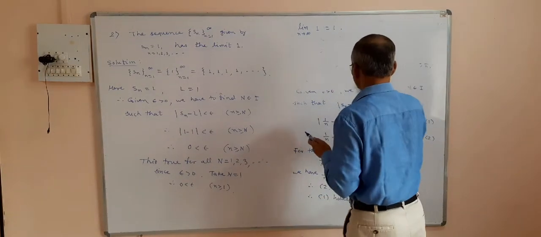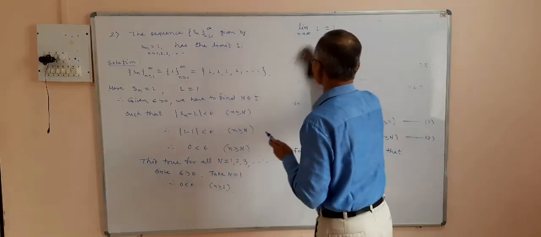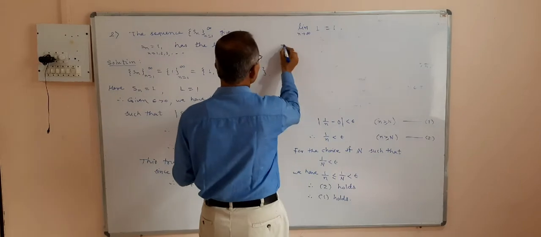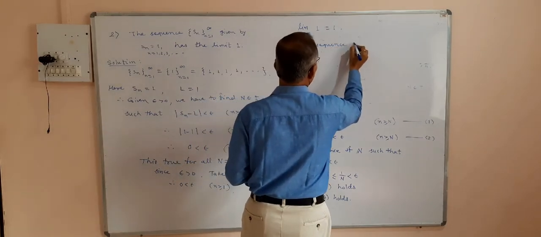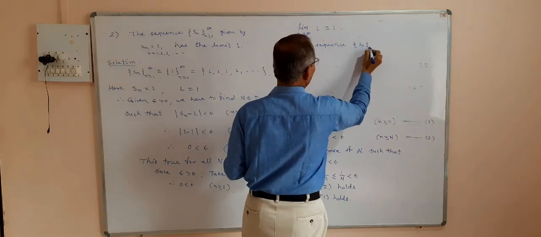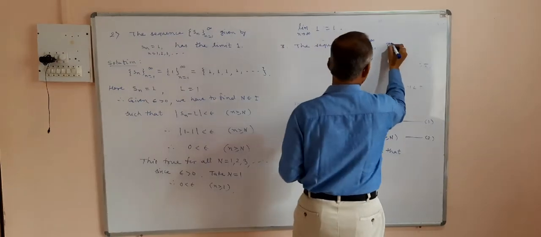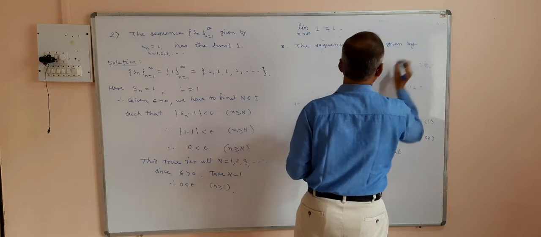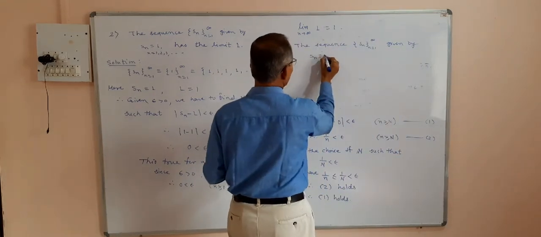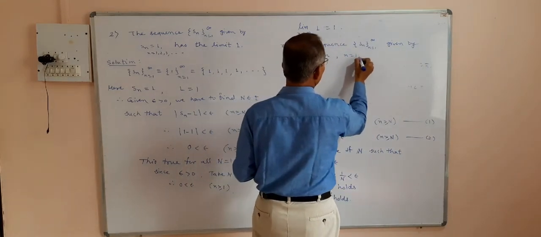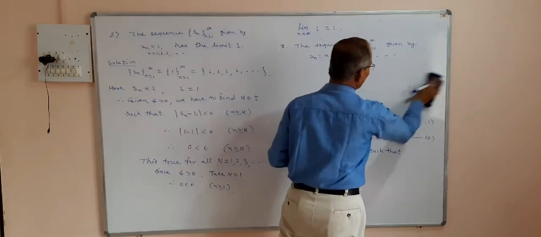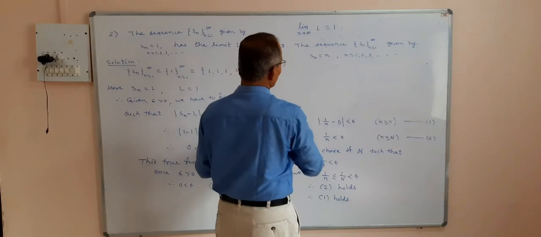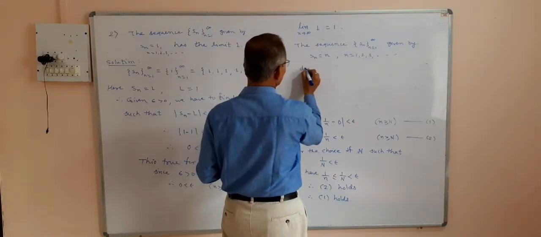Now we consider the next example, the sequence Sn given by Sn is equal to n, where n takes values 1, 2, 3, etc. Does it have a limit?